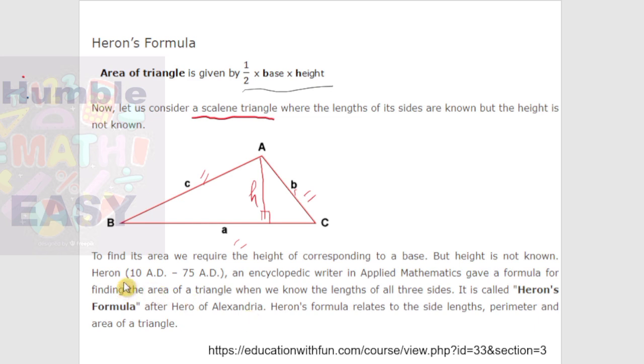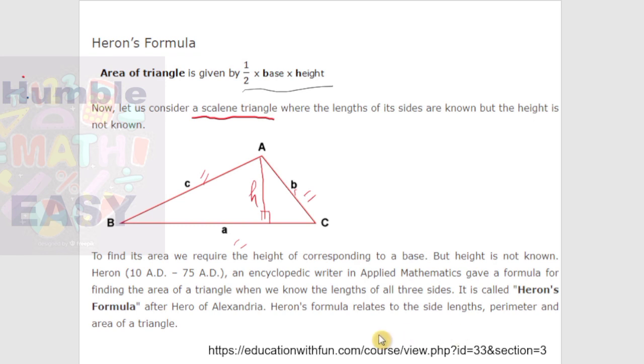Heron, from 10 AD to 75 AD, an encyclopedic writer in applied mathematics, gave a formula for finding the area of a triangle when we know the lengths of the three sides. This is called Heron's formula, after Hero of Alexandria.